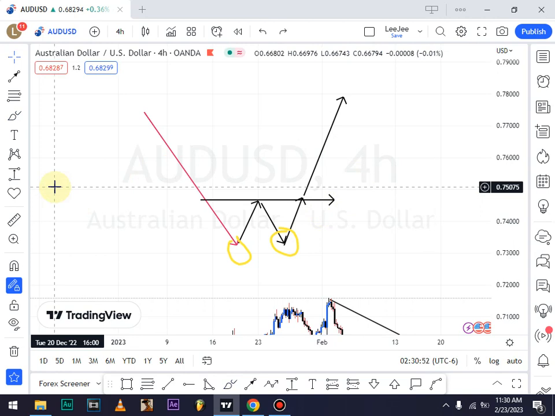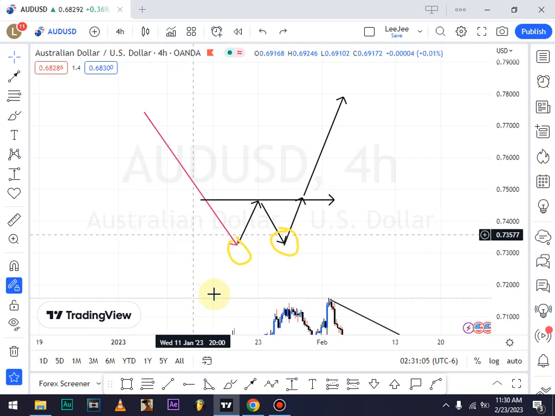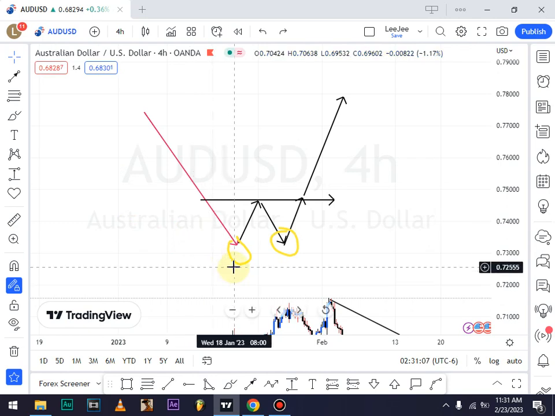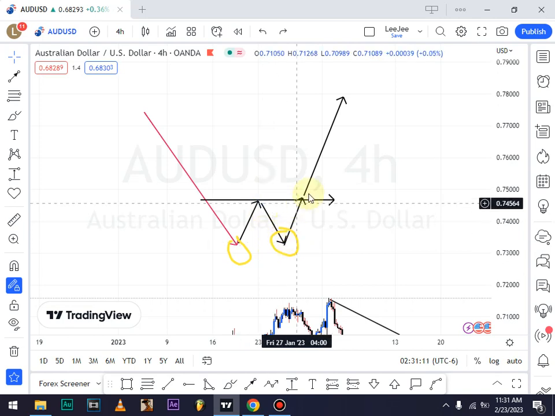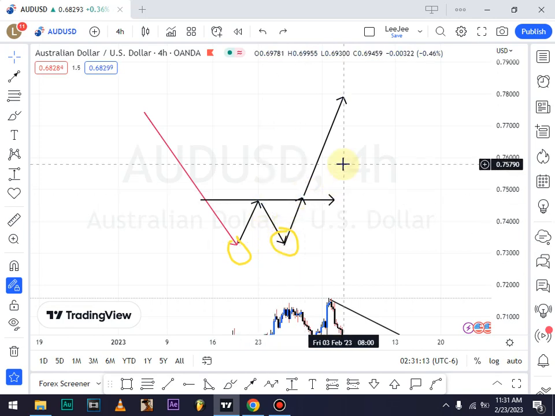The key to using a double bottom pattern is that the longer the duration between the two lows in the pattern, the greater the probability that the trade will be successful. The longer these durations over here and over here, the greater the signal for a successful trade.